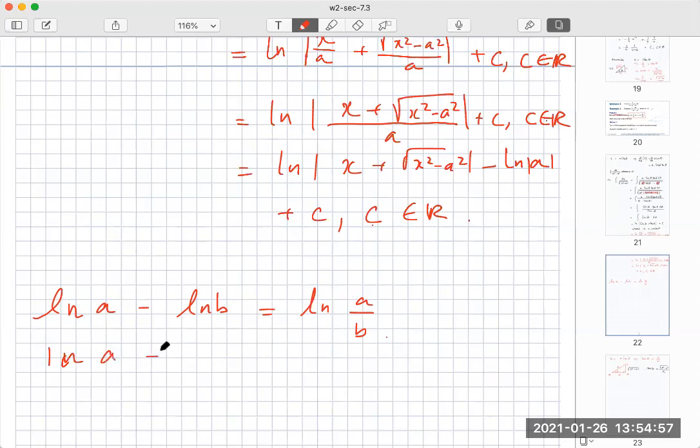Natural log of A plus natural log of B is natural log of A times B. And in this situation, A is a positive number, so it's fine. We can get rid of the absolute sign, right? So yeah, that's it.